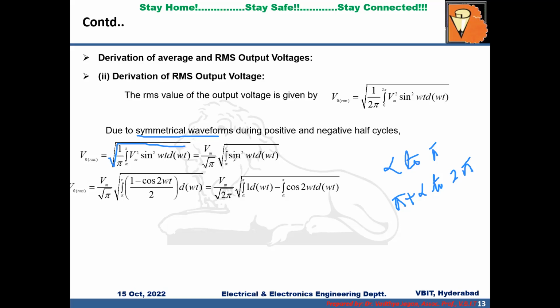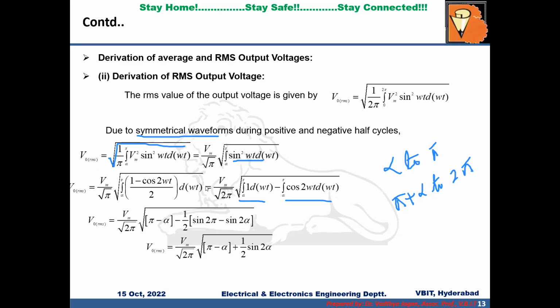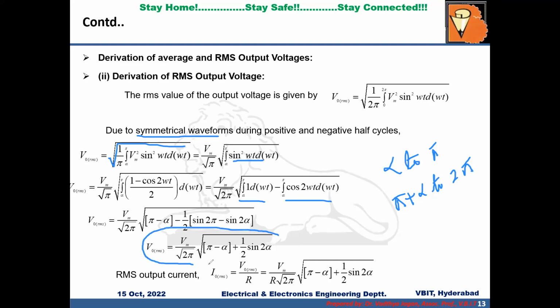Now sin square omega t can be written as 1 minus cos 2 omega t by 2, and the limits are alpha to pi. I can take Vm out of the root, so it is Vm by under root pi. If I integrate and substitute the upper and lower limits, you will get the RMS output voltage as Vm by root 2 pi, under root pi minus alpha plus 1 by 2 sin 2 alpha.